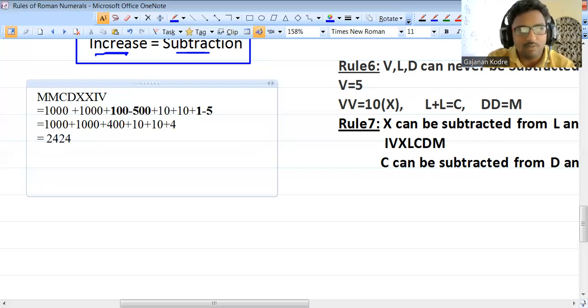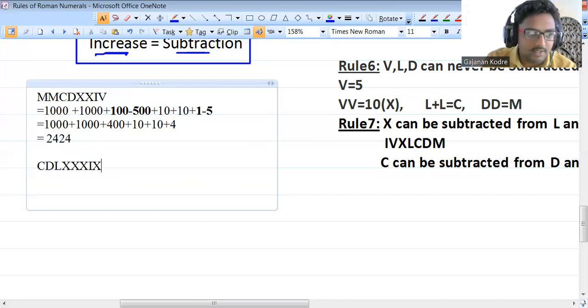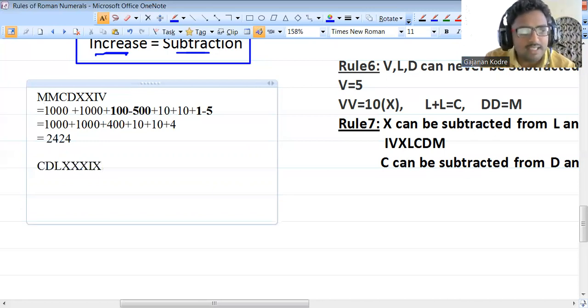Let's take one more example just in case if you're not understood. Yes, we'll take the number as CDLXXXIX. Okay. So rule number one says start with leftmost digit. Rule number 2 says write the value of each symbol. So let's write the value of each symbol. 100, then 500.